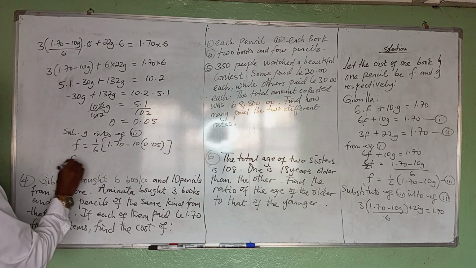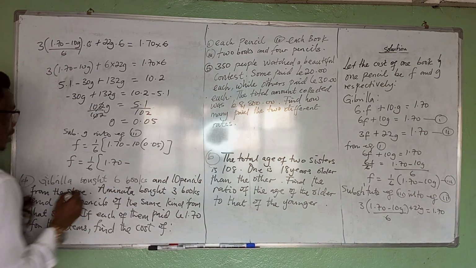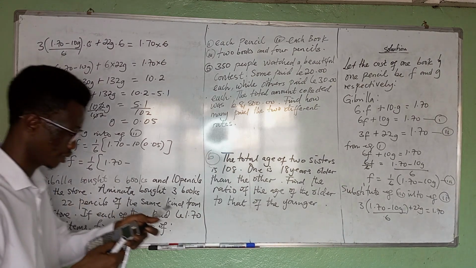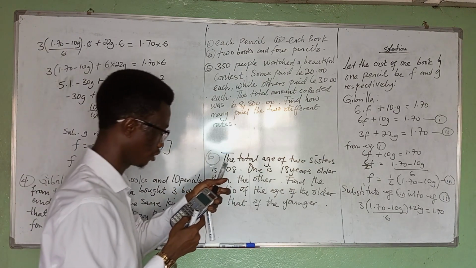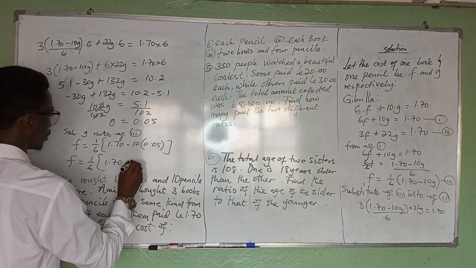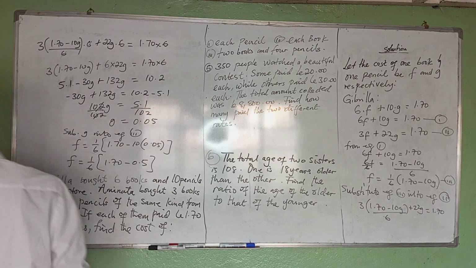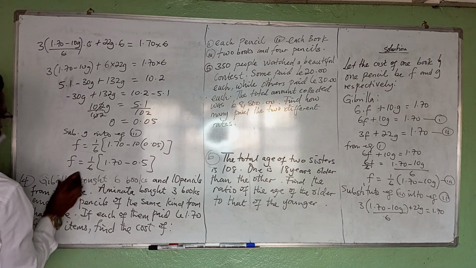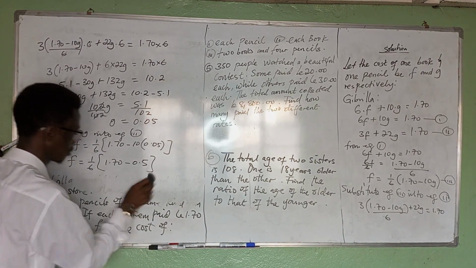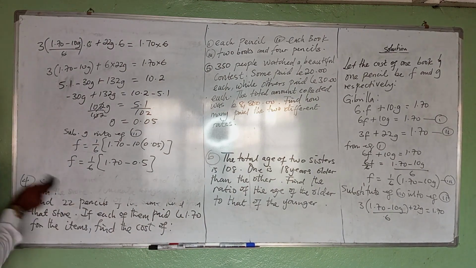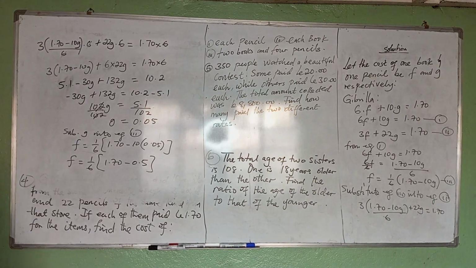So that's going to be f equals 1/6 of 1.70 minus, so you multiply 0.05 times 10. Yeah, we need to have 0.5. So this gives you 0.5. So I'm just going to put everything inside the calculator and see what you are going to have.